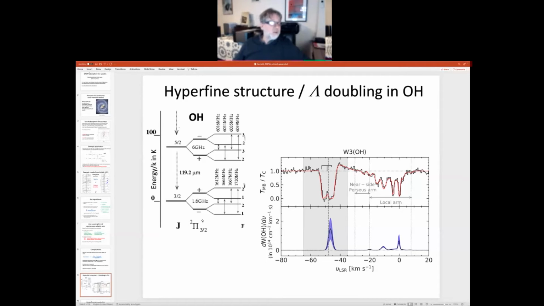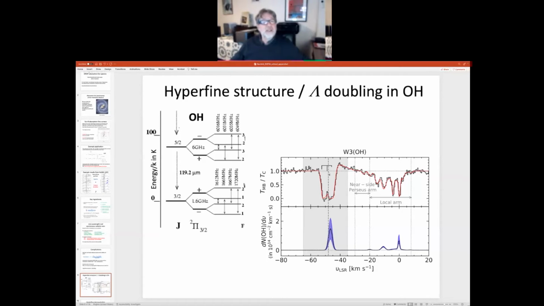And in OH, there's also a lambda doubling that splits, in fact, a larger splitting into states of positive and negative parity, depending on which way the angular momentum points along the nuclear axis. So in reality, this 119 micron feature that is observed with SOFIA is split into 6 components.